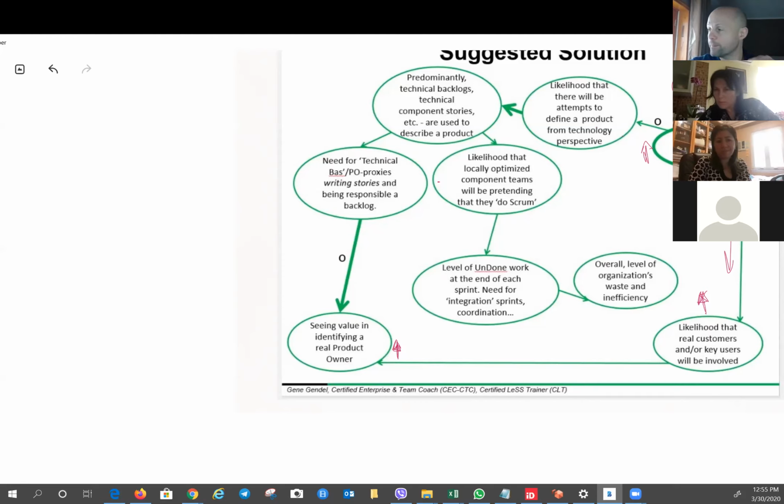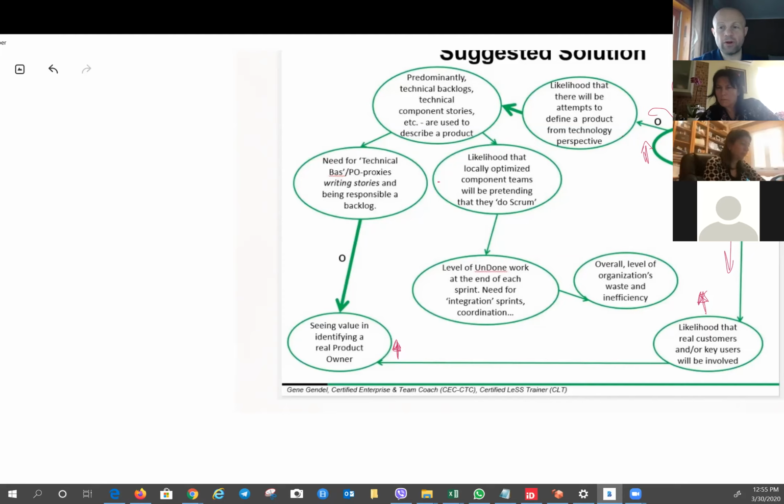Let's go in a different direction for a minute. A proper and clear product definition would have the opposite effect on the likelihood that there will be an attempt to define a product from a technology perspective.